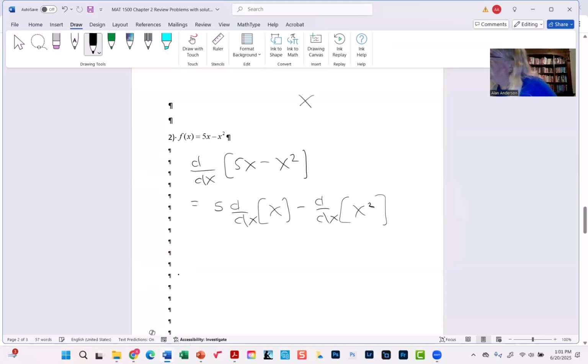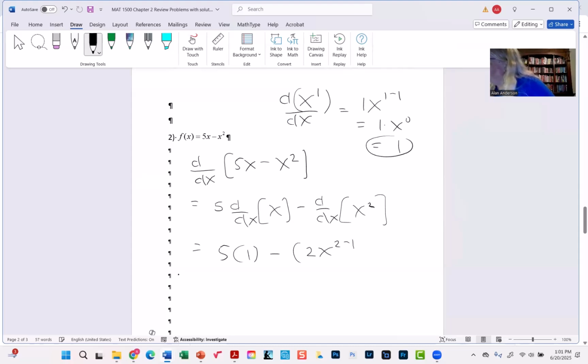So when you apply the power rule to x to the first, you're going to get 1 times x to the 1 minus 1, which is 1 times x to the 0, which is just 1. Okay, so that means here we have 5 times 1. And then here, when we apply the power rule, we'll have 2 times x to the 2 minus 1 power. And so you're going to have 5 minus 2x to the first, which is simply 5 minus 2x.